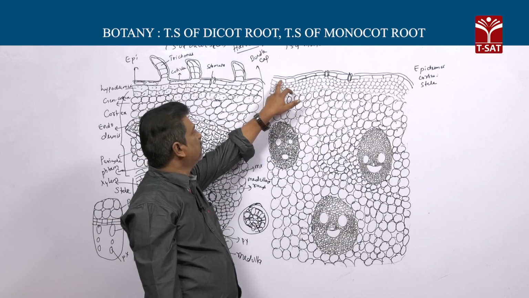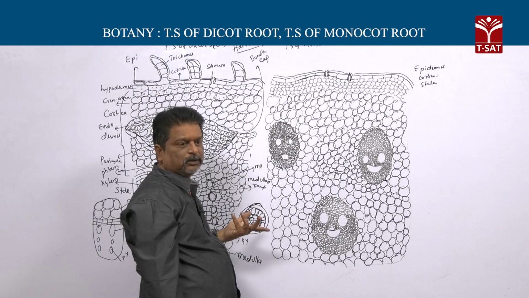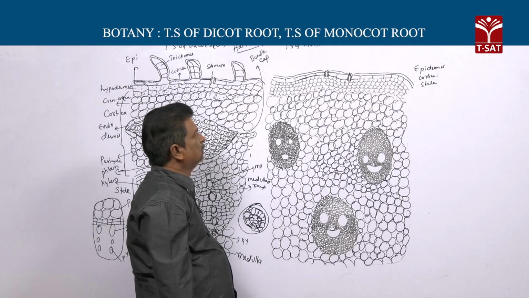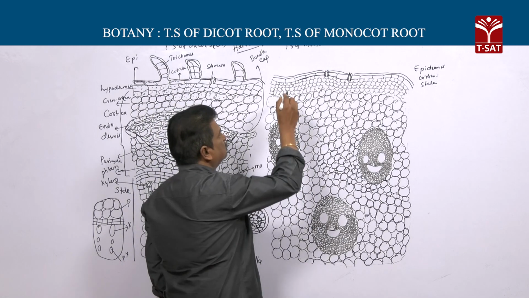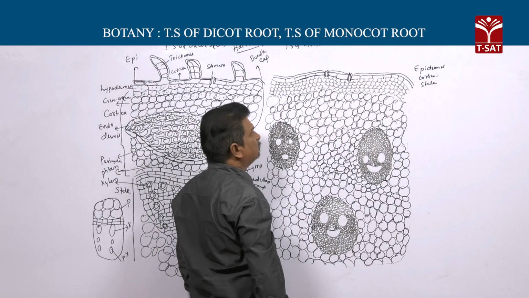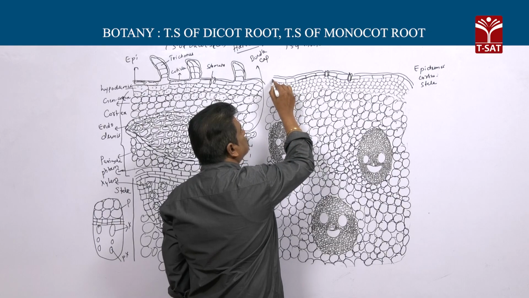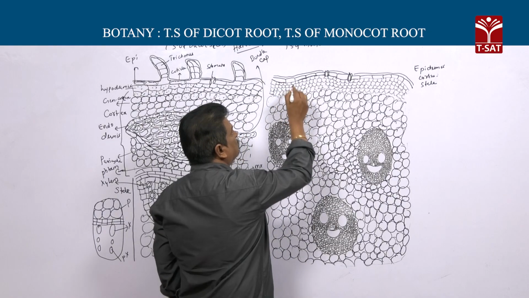This epidermis is made up of rectangular cells that are closely arranged. Cells contain vacuolated protoplast. So, cells are living cells, but without chloroplast.